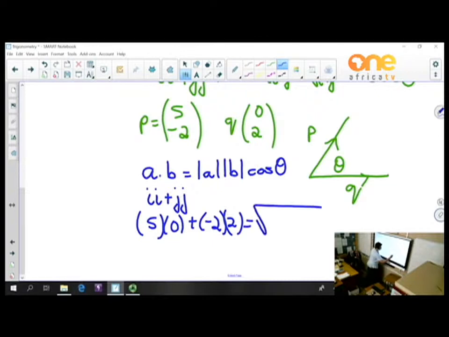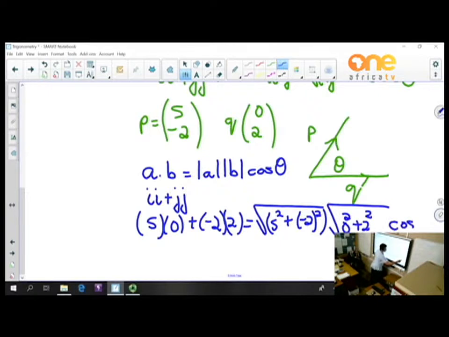Then we have the magnitude of A, which means this is now only, in this case, going to be P, the magnitude of this vector, which is then 5 squared plus negative 2 squared. Make sure that you use your signs correctly. And then here, this one is going to be the magnitude of 0 squared plus 2 squared, cosine theta.